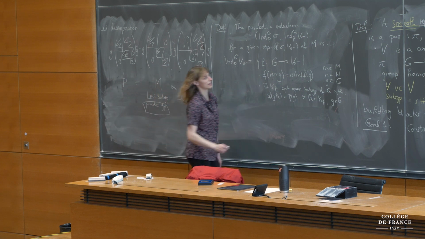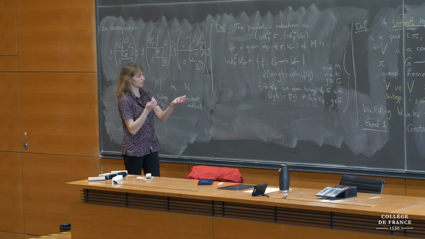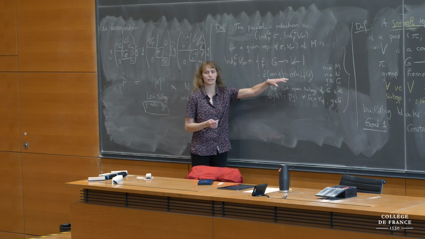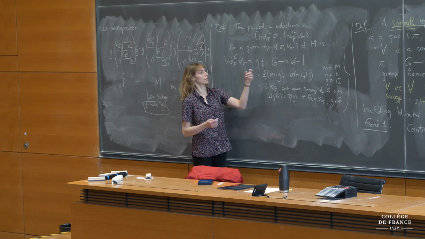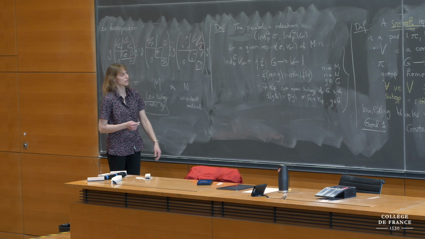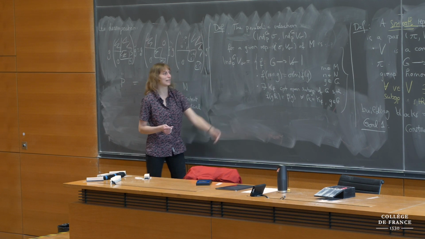So the second one is guaranteeing smoothness, and the first one is what it means to be inducing from a representation of M, so we know what it is on N, and therefore also on the parabolic P, and we get a representation of the whole group G. So that's the space. So it's roughly functions on G mod P.